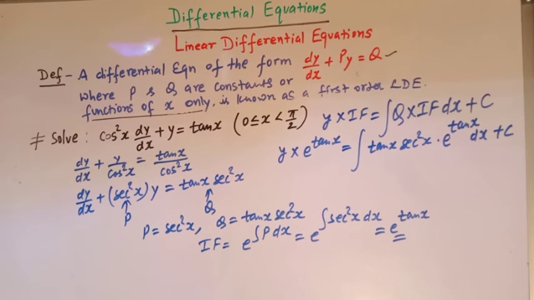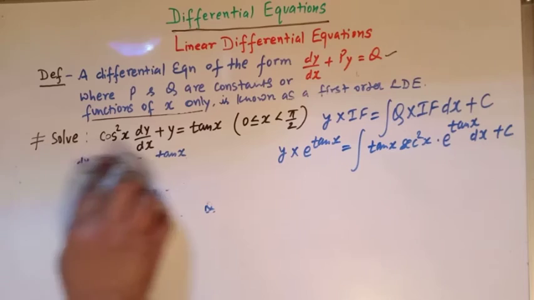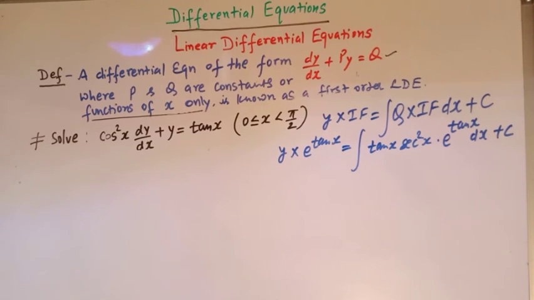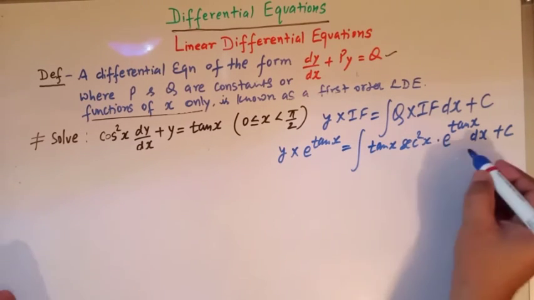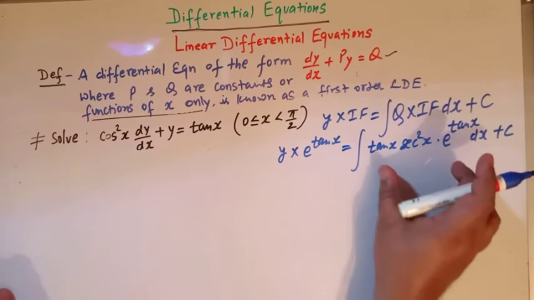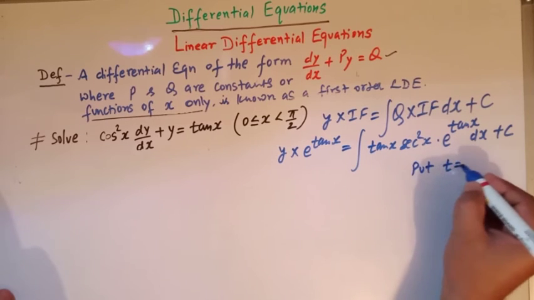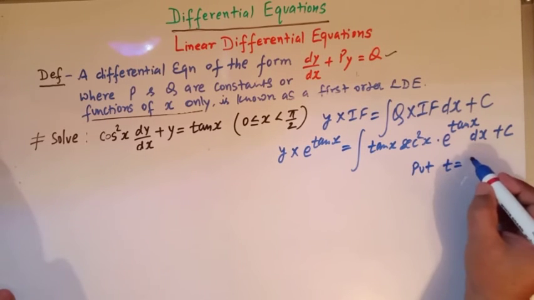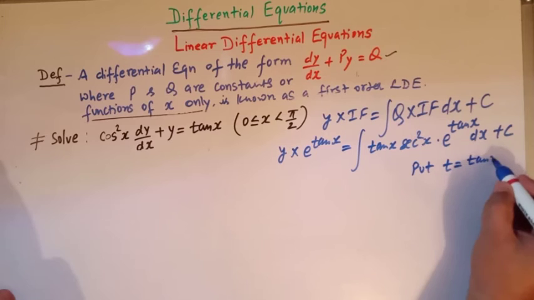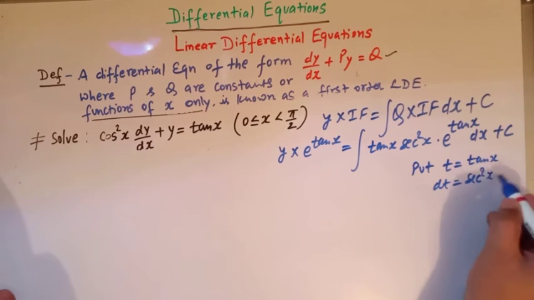Clear? Now here our aim is to evaluate this integral. Clear? Now for evaluating this integral, we will make use of the substitution method. So let us put t is equal to tan x, then we have dt is equal to sec square x dx.